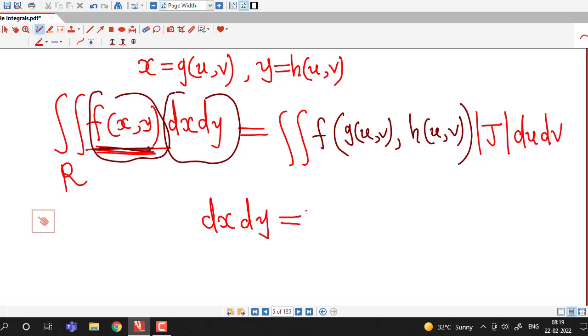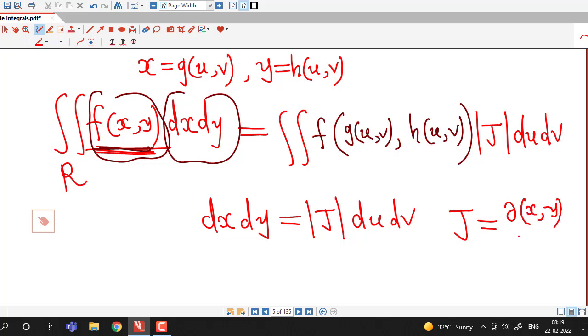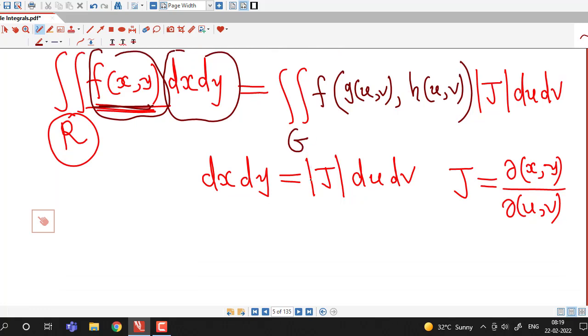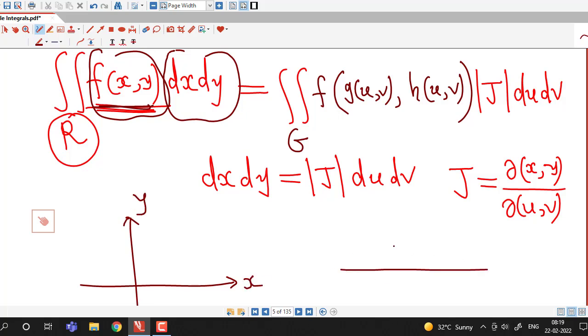dx dy will be replaced by the absolute value of the Jacobian times du dv, where J is the Jacobian of x, y with respect to u and v. And of course this region will be transformed into some other region G in the UV plane. So what we are doing here, we have the XY plane, here we have the UV plane.